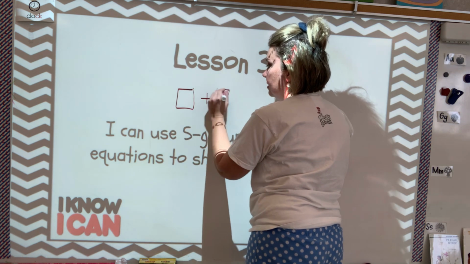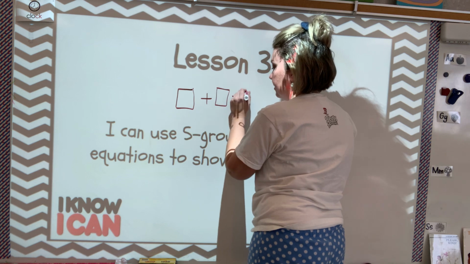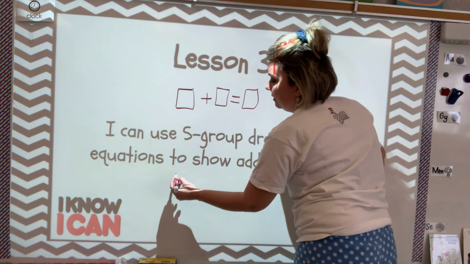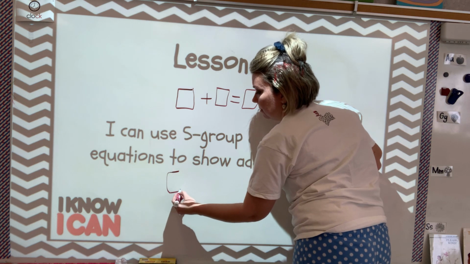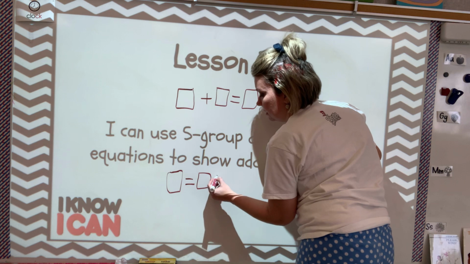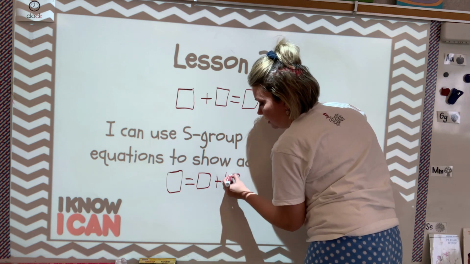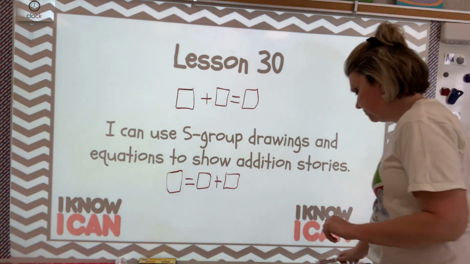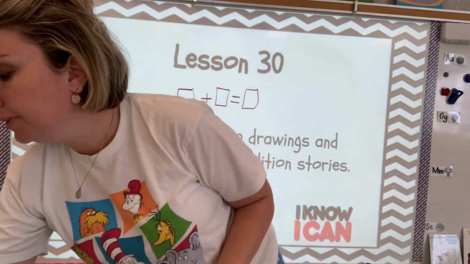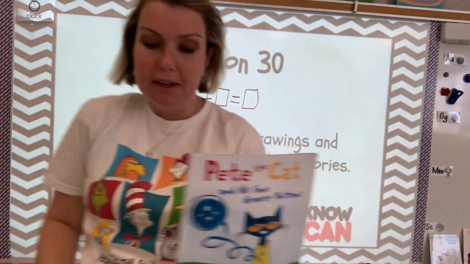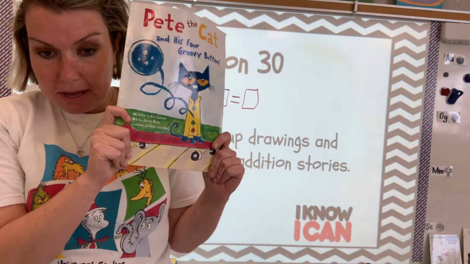Mystery box plus mystery box equals mystery box. Or it might look like this. Mystery box equals mystery box plus mystery box. Either way is correct. I want to read a story to you this morning instead of doing a warm-up, but there's a warm-up in the story.